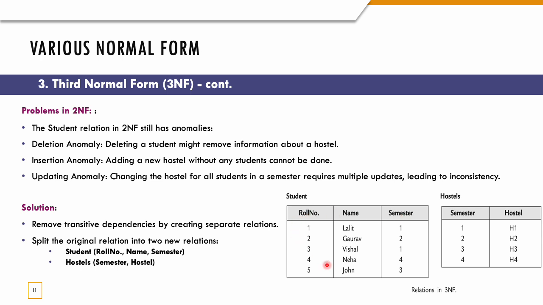This table stores student information without the hostel details. And then we have the hostel table with the semester and hostel detail. This table stores hostel assignments for each semester.